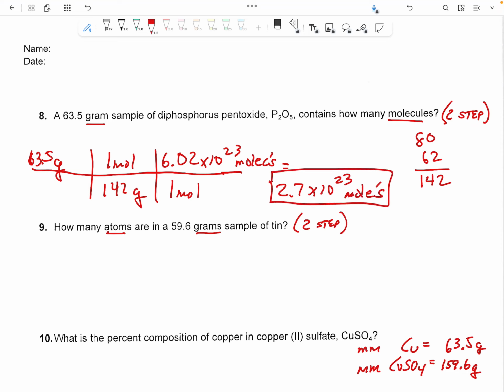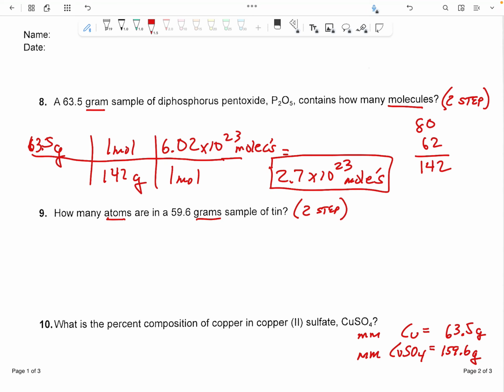All right. We have another 2-step problem. We're trying to find atoms in this one, because it says how many atoms in a 59.6 gram sample of tin. So again, we set it up this way: 59.6 grams, and the mass of tin is 118.